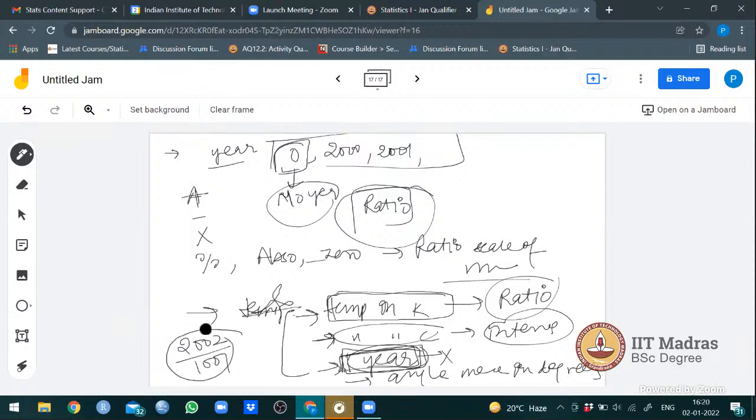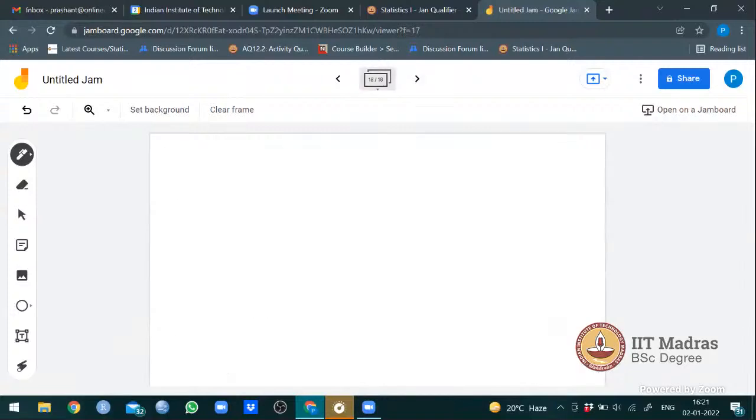The correct options are temperature in Kelvin and angle measured in degrees. For degrees Celsius it will come under interval only.